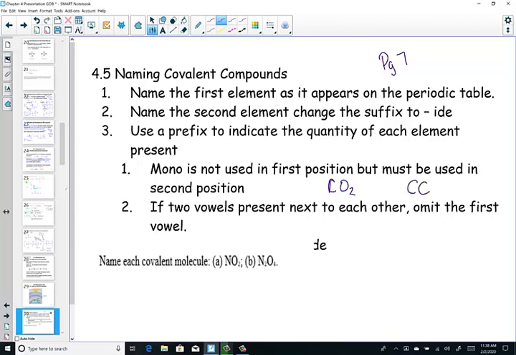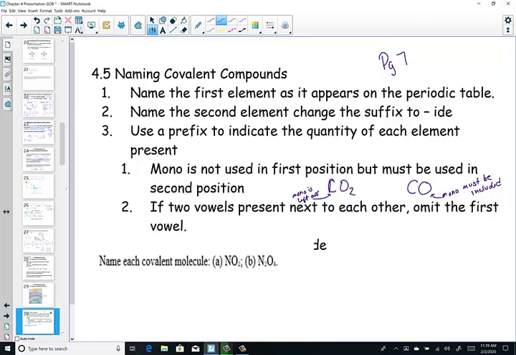But if it's in the second position, you must put the mono on: carbon monoxide. It is not okay to leave the mono off of the second. So mono must be used in the second position. But if it's in the first position, mono is left off. But all other prefixes have to be there.